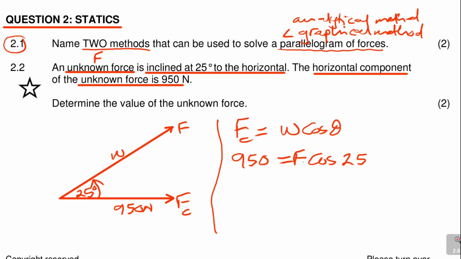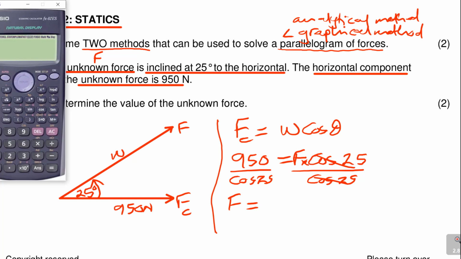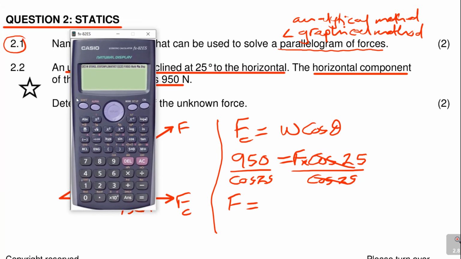And then how do you do it? To get rid of that cos 25, because it's multiplying, you divide by cos 25 on both sides. Alright, and then that's it. Then you find your F. So that is your force. When they call it the unknown force, F becomes what? Then definitely you use your calculator there to say 950 divided by cos 25.